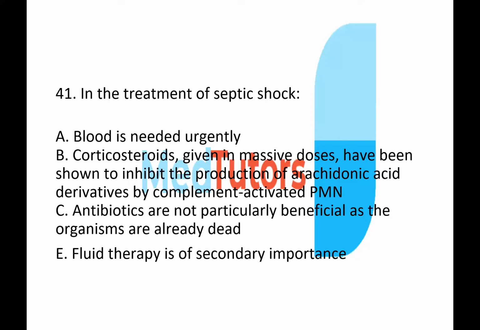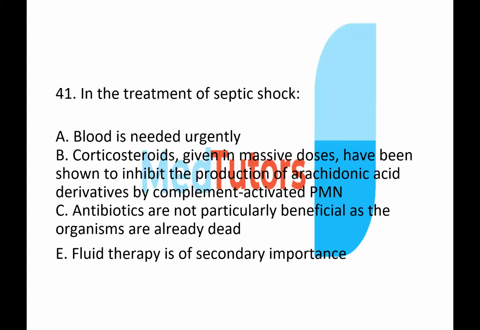So what is our correct answer here when we say everything is false? Let's look at them carefully. When you start seeing this, you have to look at them carefully. Corticosteroids given in massive doses have been shown to inhibit production of arachidonic acid.